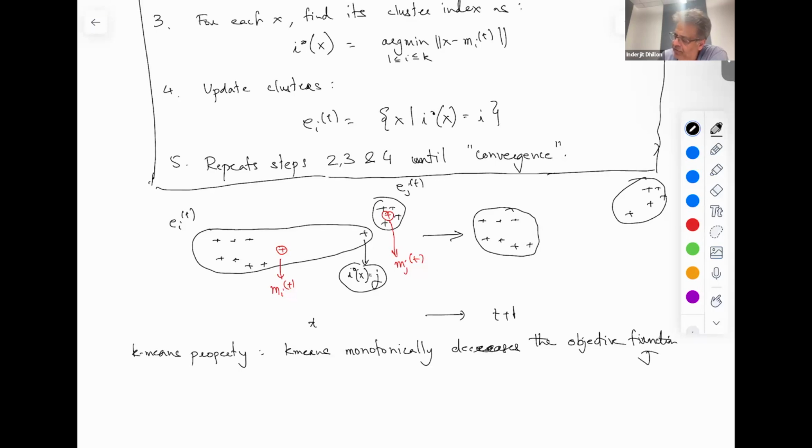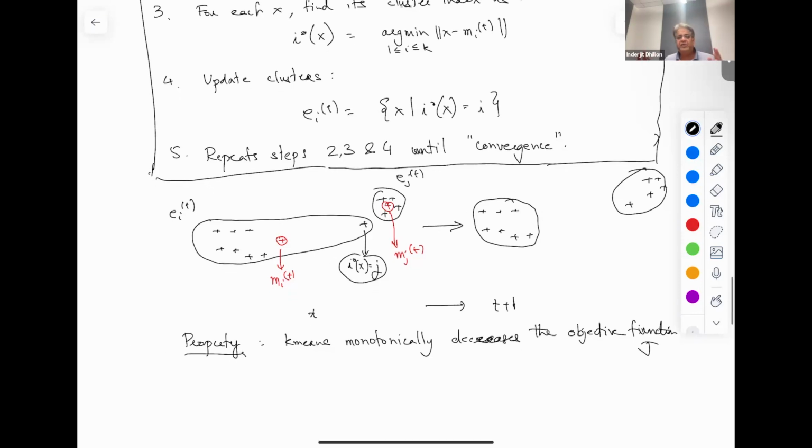And remember, my objective function was j. That doesn't mean that it gets to the global minimum. It can be a descent method, but it may not reach the global minimum, and that's what happens over here.